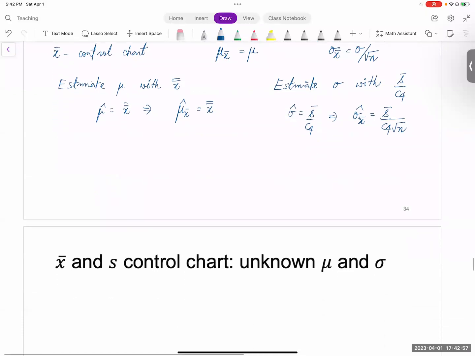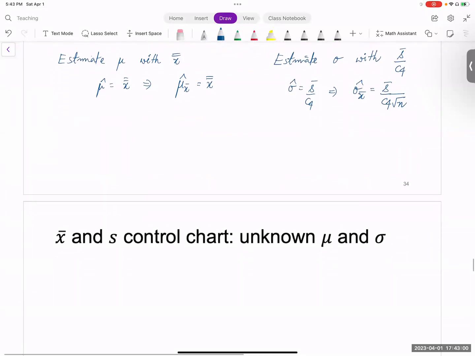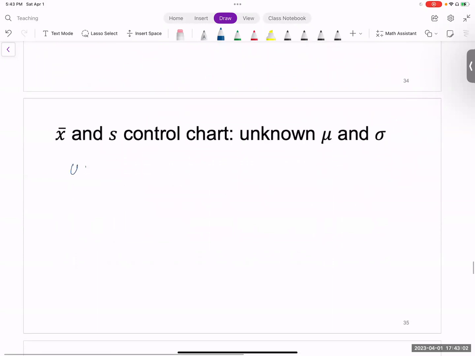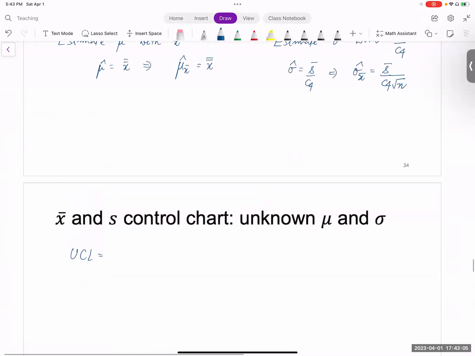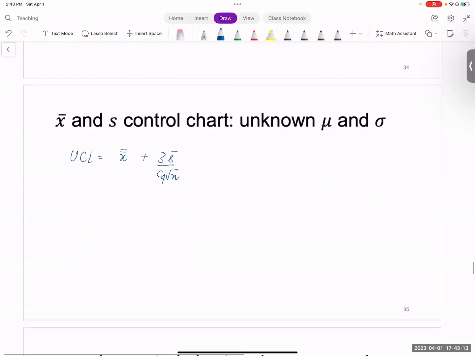Let's go ahead and compute our control charts. So first you will have your UCL equal to x double bar plus 3 S bar divided by c4 times square root of n. The center line is just x double bar, and LCL is x double bar minus 3 S bar divided by c4 times square root of n. Again, we can make some simplifications here. We can write this as x double bar plus A3 times S bar.